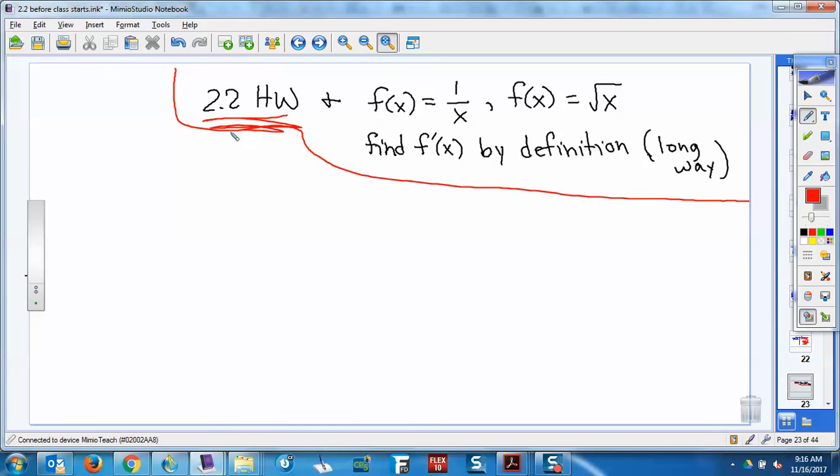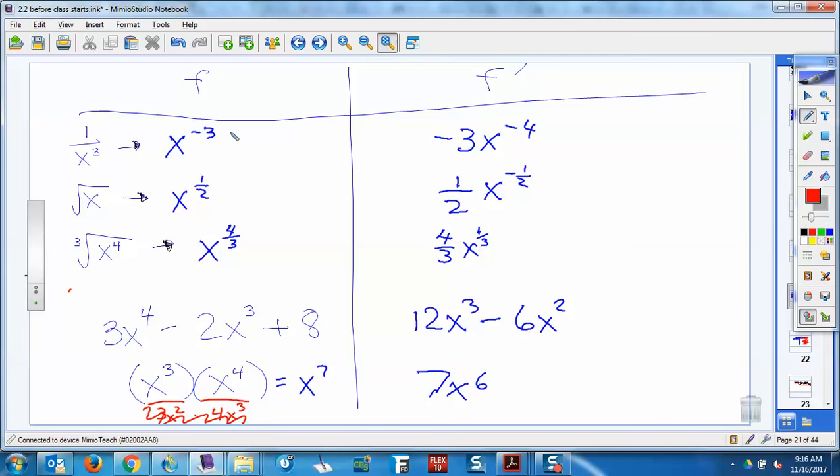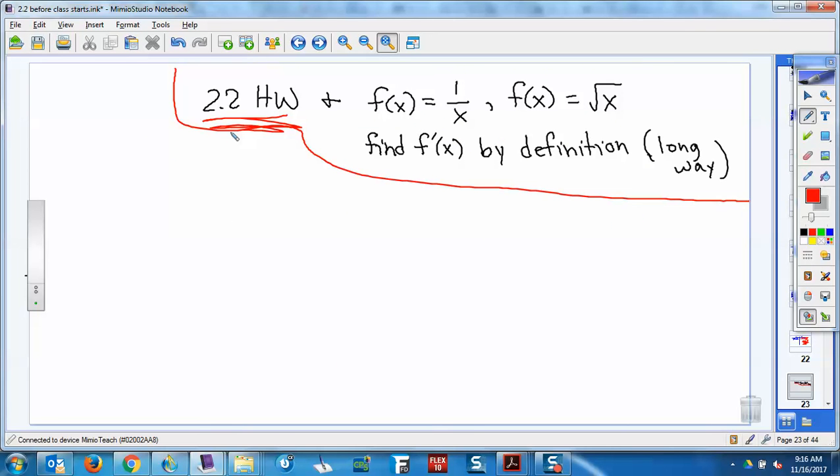Find an expression for f prime. That's what we were doing here, the shortcut. So that's using this power rule. Okay, the only two I really think you have to do the long way are these two I'm giving you here. So those are the two extras to do.